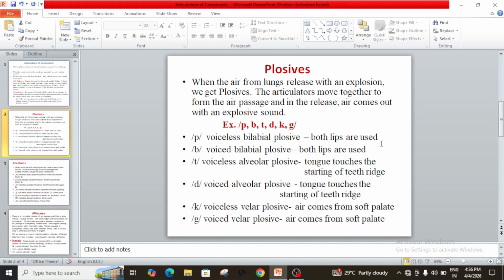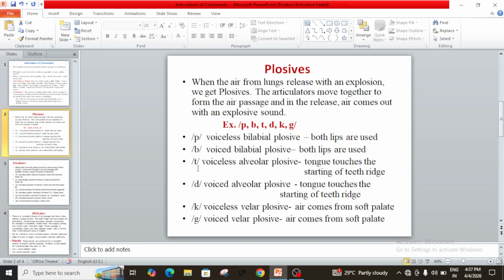This is a perfect example of plosive sounds. B is another sound. When we say B, the vocal cords are vibrating, so it is voiced. Again, it's a bilabial plosive because both the lips are used.